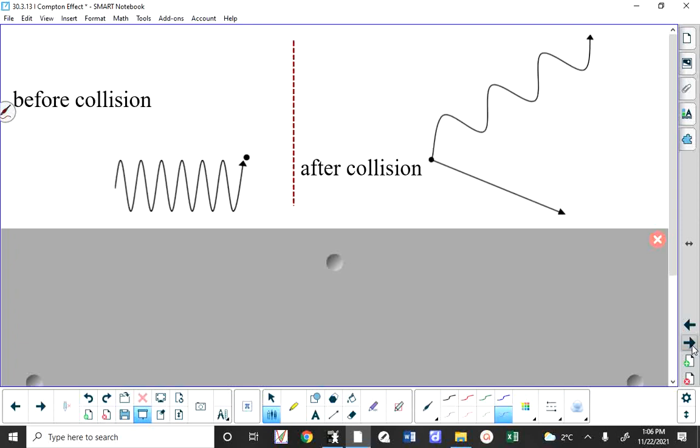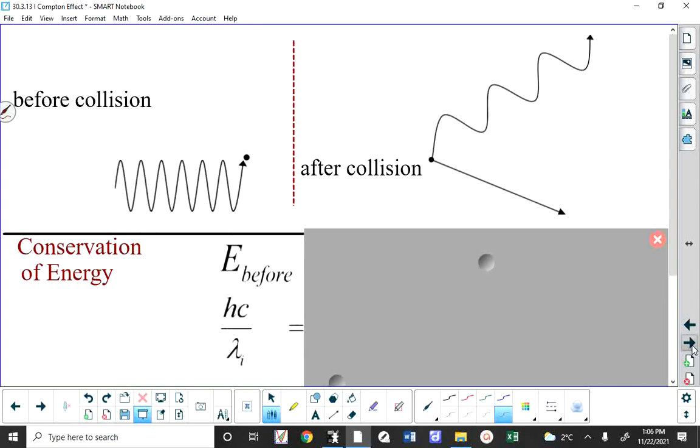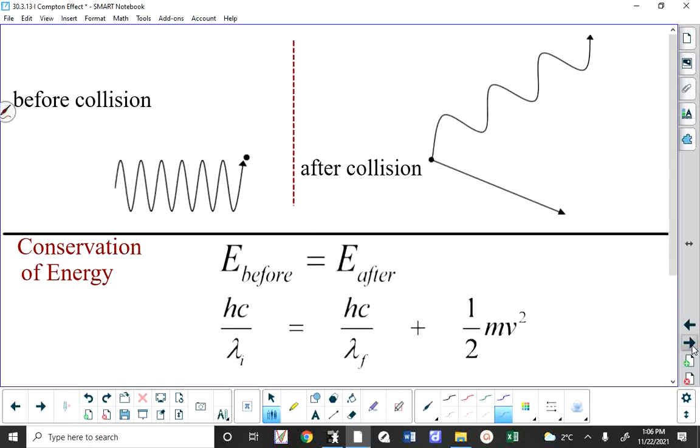So before the collision, and this is not in your notes, I'm just kind of going off the path here and telling you that before we have energy of hc over lambda, and afterwards we have energy of hc over lambda plus the energy of the electron. It's a conservation of energy thing.